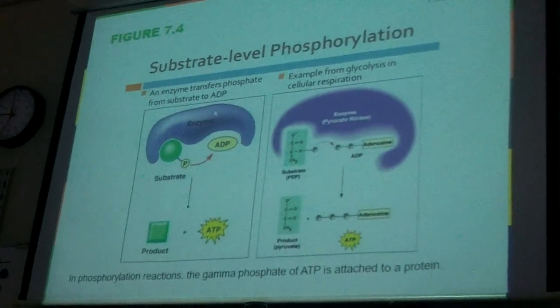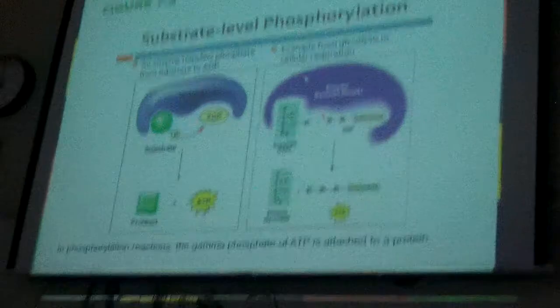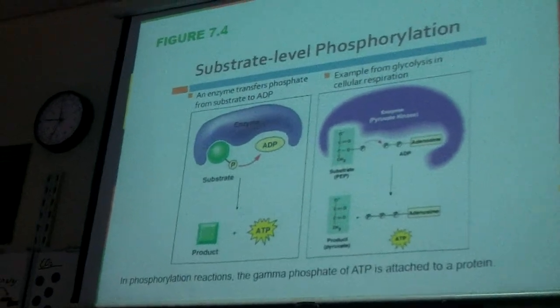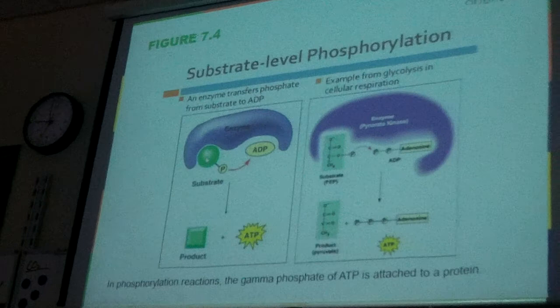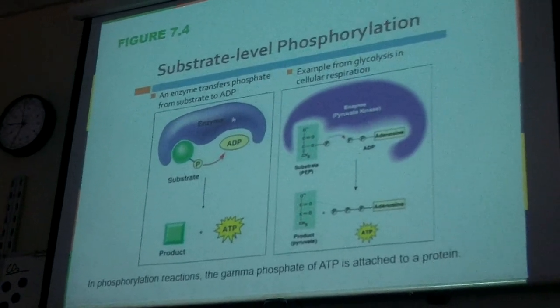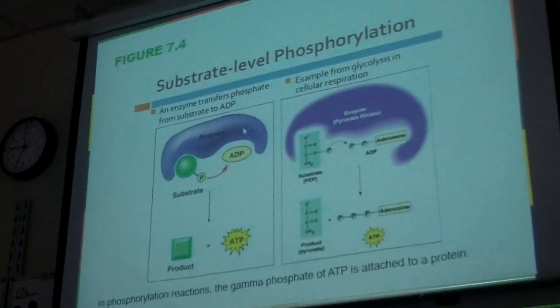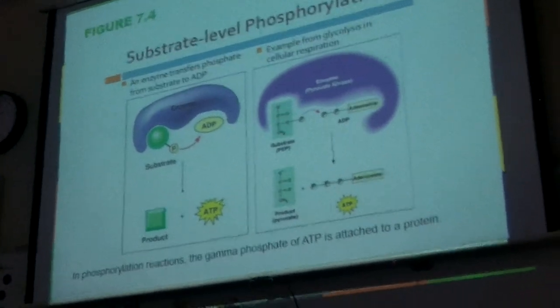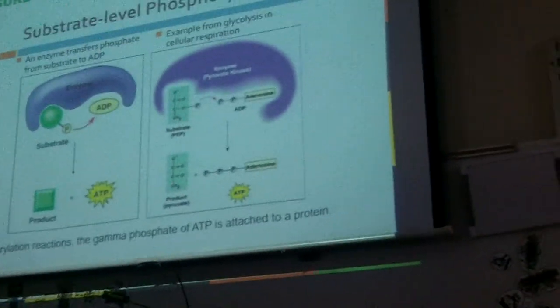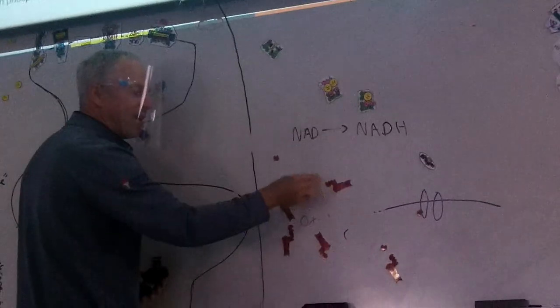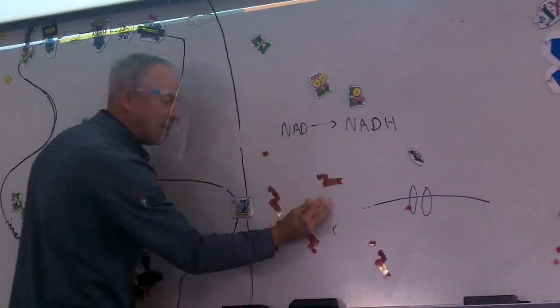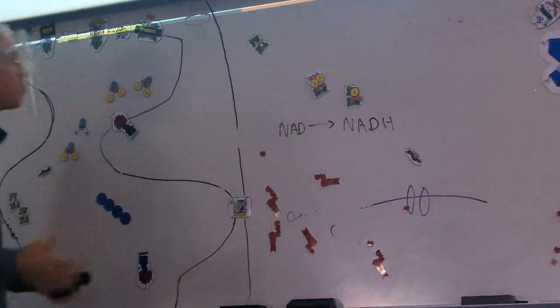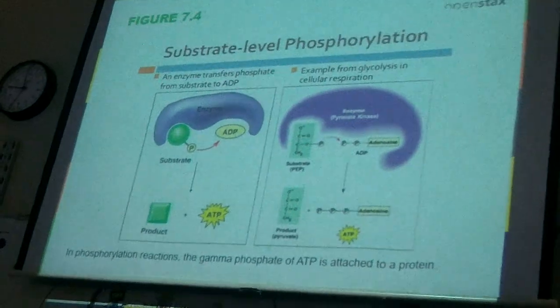So, this is called substrate level phosphorylation. Here's the substrate attaching to the enzyme. Not only can ATP drop off a phosphate onto a protein, but we can take ADP and P and put them together using this process called substrate level phosphorylation. So here's ADP.